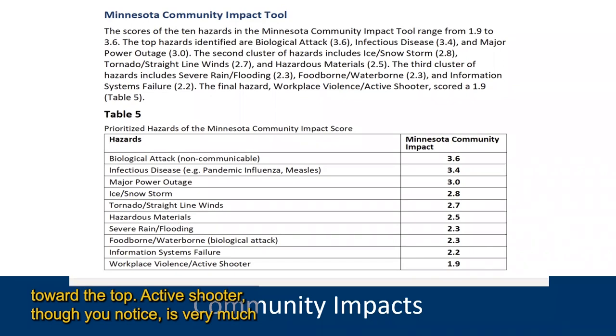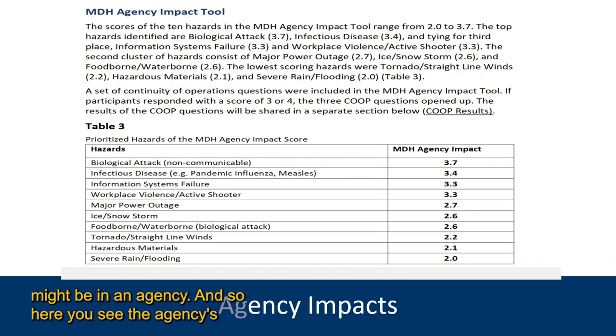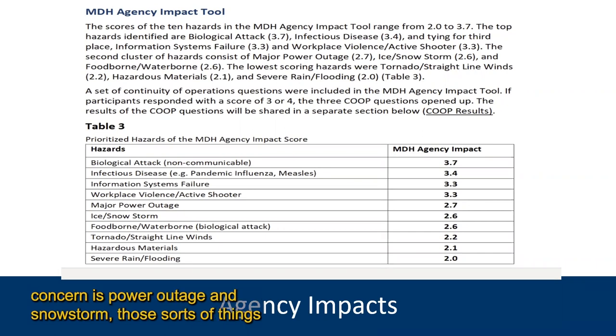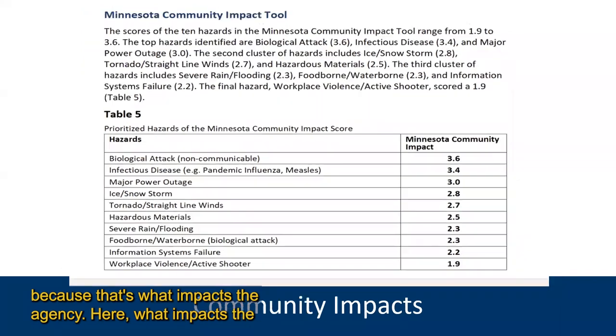Active shooter, though, you notice, is very much down at the bottom because it's not as much of a community impact as it might be, I'm going to back up a slide, as it might be in an agency. And so here you see the agency's concern is power outage and snowstorm, those sorts of things, because that's what impacts the agency. Here, what impacts the community are similar, but not necessarily the same.